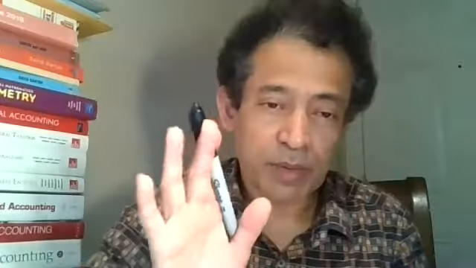Now let's come to the ledger. The ledger is where you post the transaction onto the corresponding accounts. We had two transactions here. One was Karim started a business with $5,000. In that first transaction, we had two accounts: cash and capital. Debit cash, credit capital.